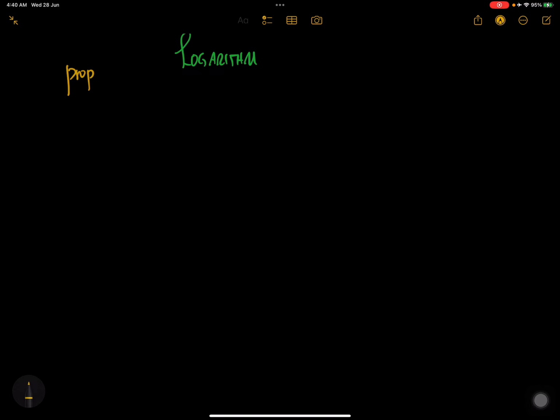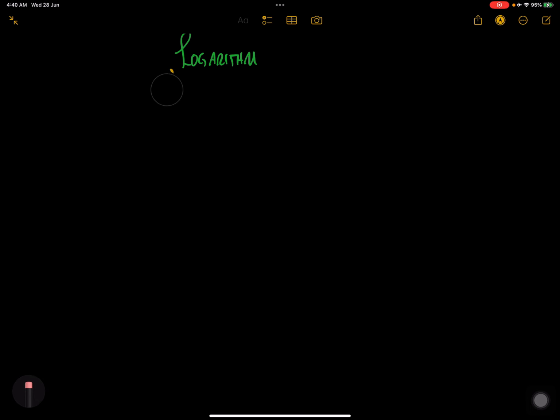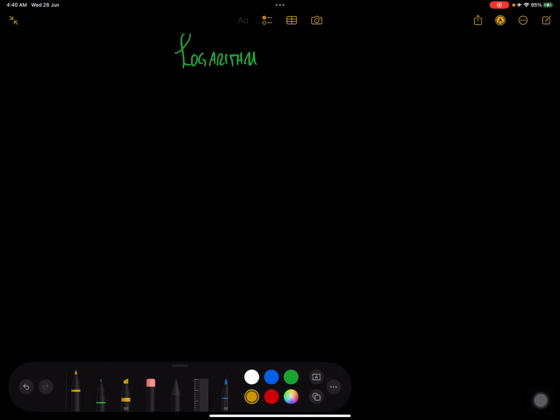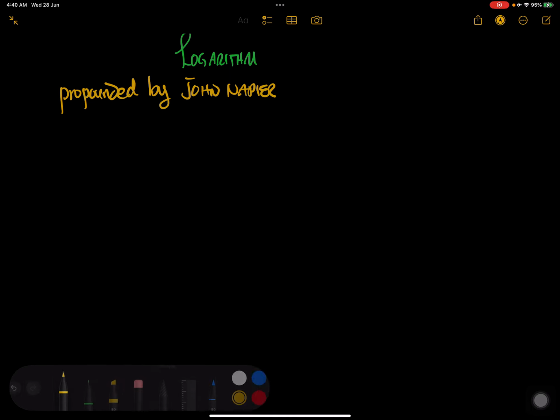Logarithms was propounded by John Napier. Yes. And now, how do we know a log? So let's imagine for a second, a log is expressed in this form.